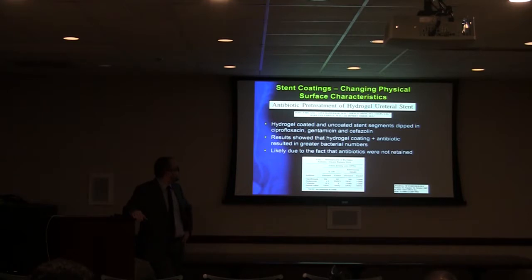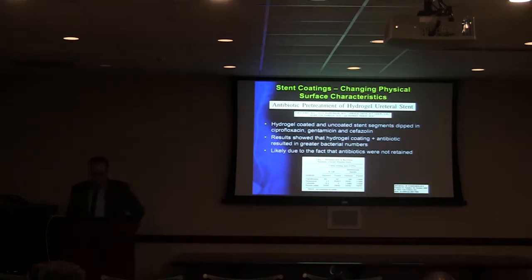And so what this particular group did is they pre-treated these stents with antibiotics in the hopes that the antibiotic will be absorbed into the hydrogel. They then tested it, and they actually showed that hydrogel coating and antibiotic pre-treatment actually resulted in greater bacterial numbers, which is quite interesting. I mean, this is likely due to the fact that the antibiotics were never really retained. Okay. But it was a good try. You know, it kind of makes sense.